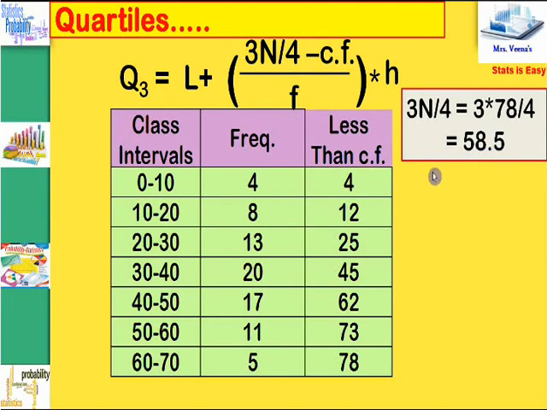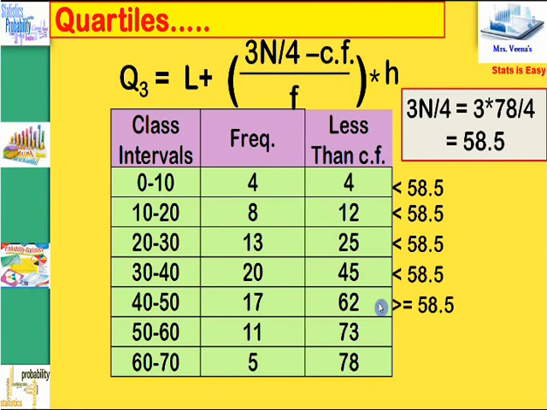Compare this value with less than cumulative frequencies to find the Q3 class. This is less, less, less, less. 62 is greater than 58.5 for the first time. So the Q3 class is this.